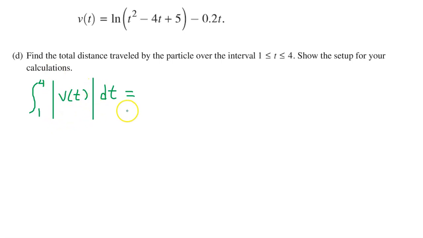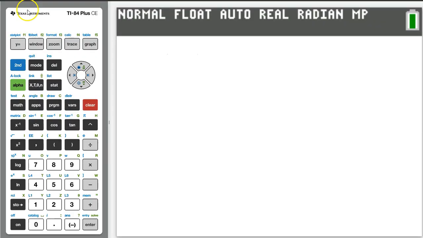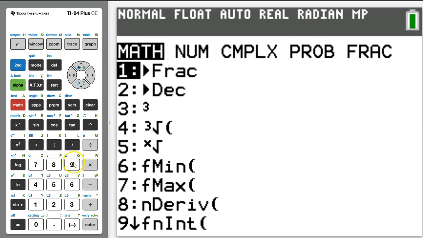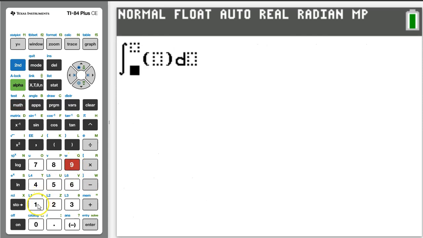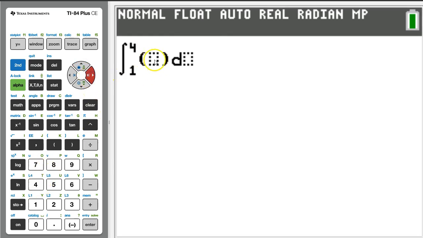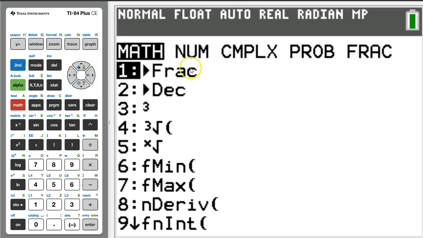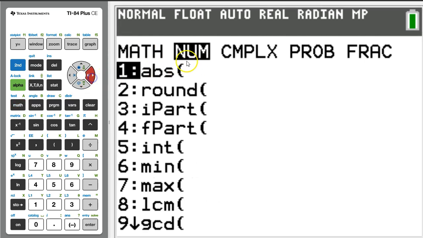On a calculator active problem, this is super easy. Just remember that we entered velocity as y2. To make the integral appear, hit math and choose option 9. We want the integral from 1 to 4. Now, we need the absolute value of velocity. The absolute value function is under the math button, and you have to switch over to the num menu, and it's this first option right here.